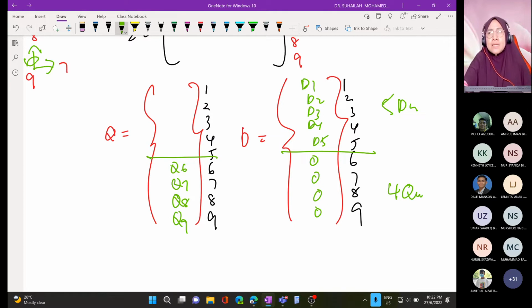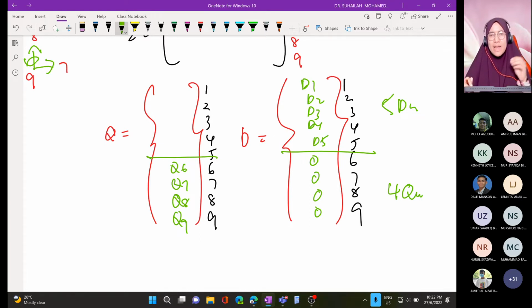Tapi in test, in final exam, boleh je tanya sampai establish stiffness equation for the frame.